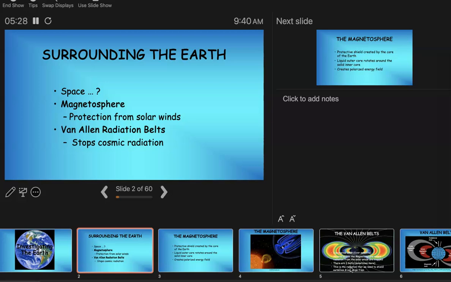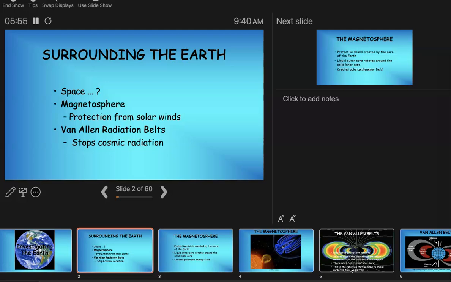Around us, and for lack of a better word right now, in space, we've got a couple really important things that help us exist. Things would not be the same were it not for the magnetosphere and the Van Allen radiation belts. Two horribly important things.